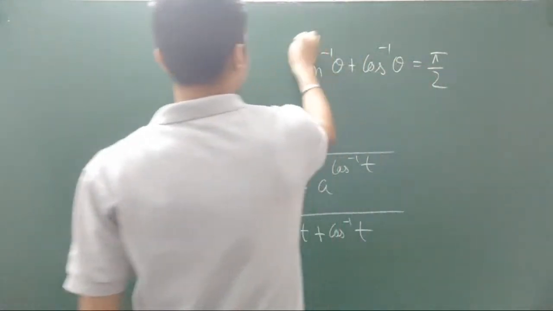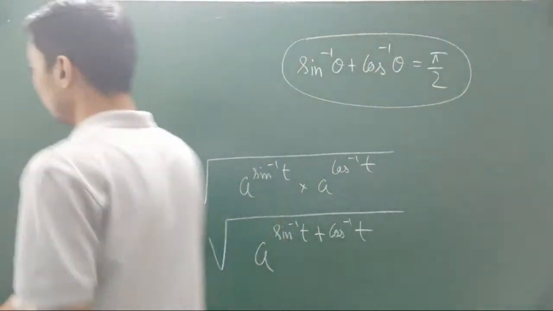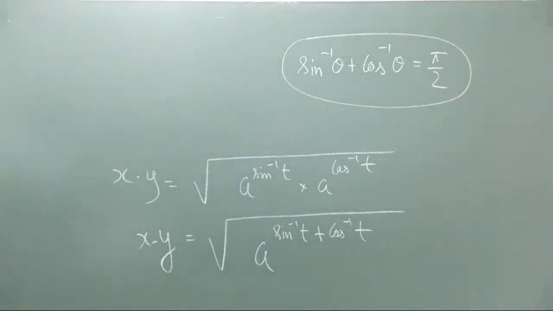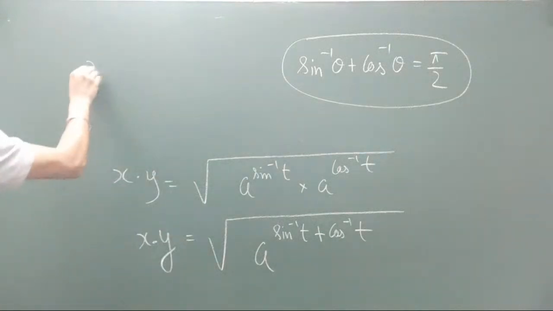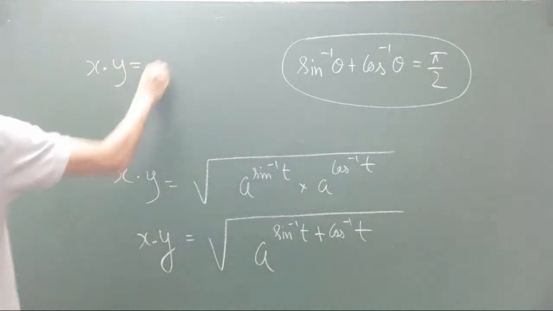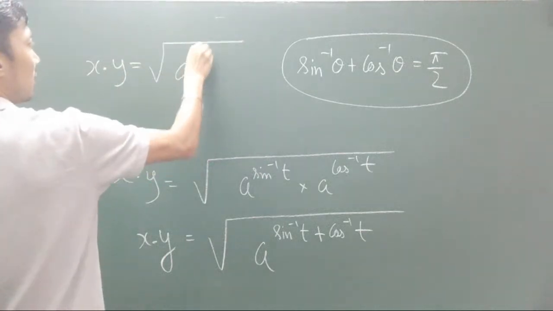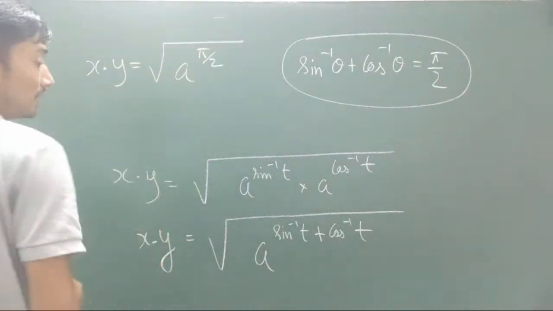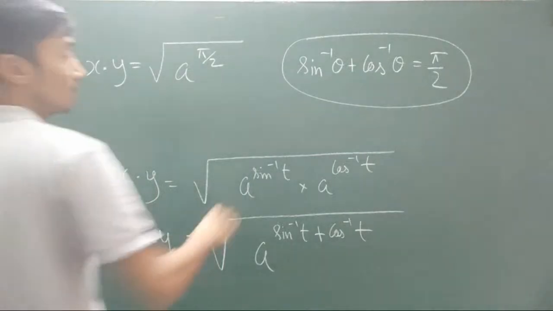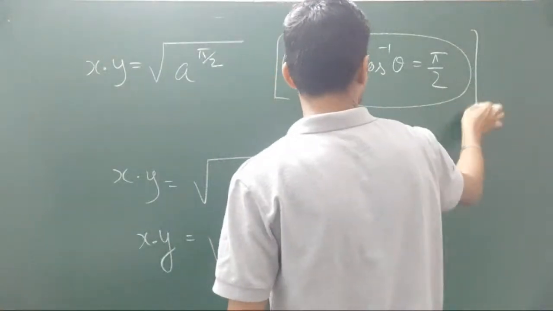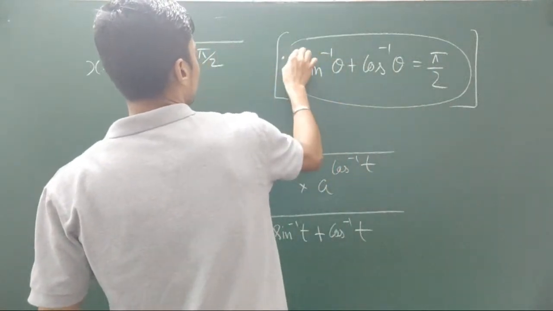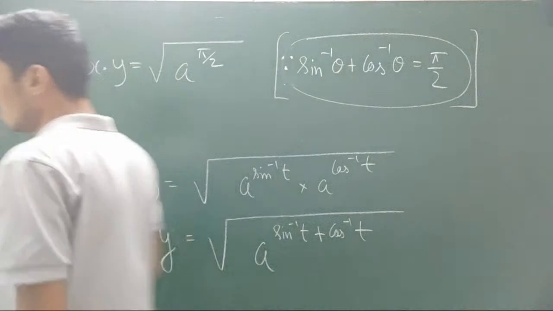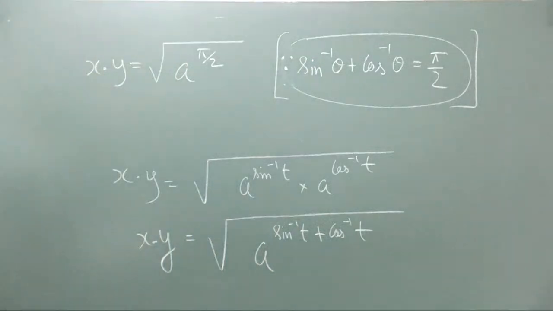This is a theorem that we get from inverse trigonometric functions. So we will make the most of this theorem in this equation, that is x into y can now be simply written as a power pi by 2. Do write down this one also, that will be very much better.